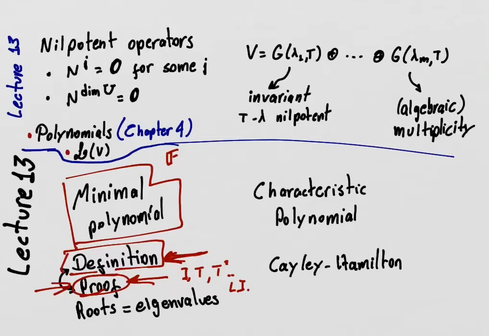And if you are given an operator and you want to find the minimal polynomial, one very important property is that the roots of the minimal polynomial in that field F, whether real roots or complex roots depending on your field, are the eigenvalues in the field of that operator.